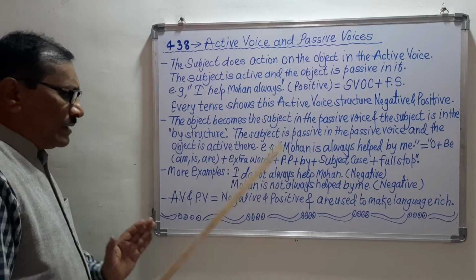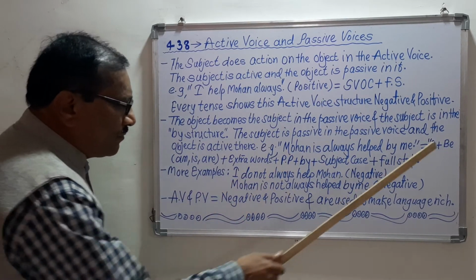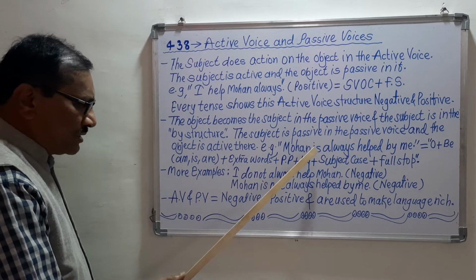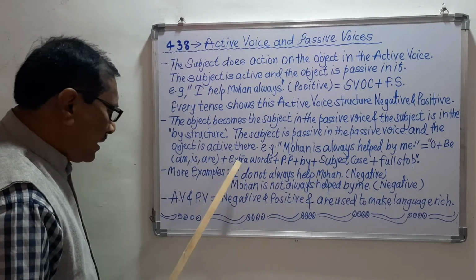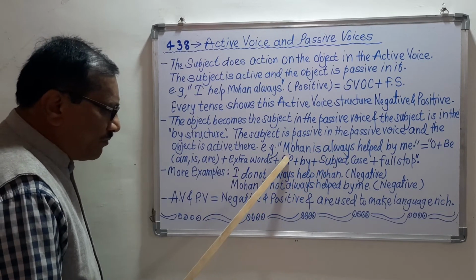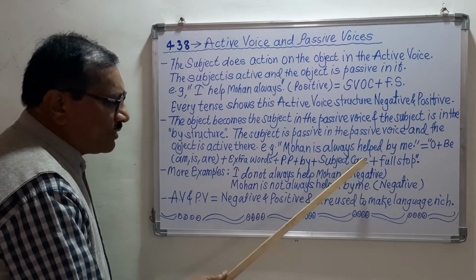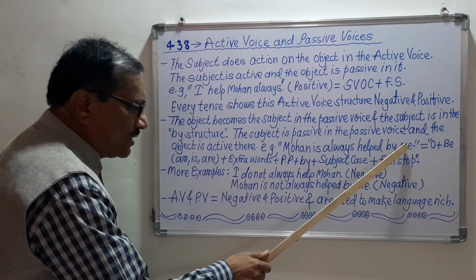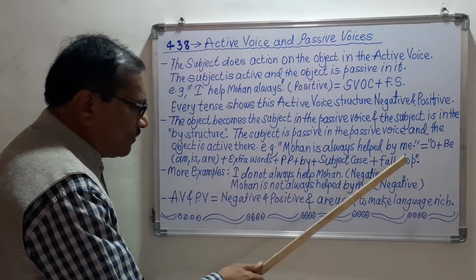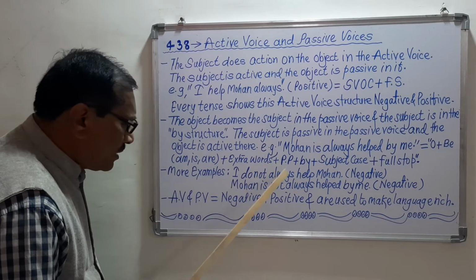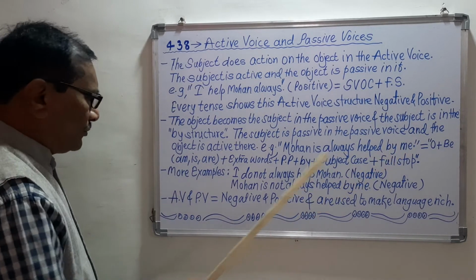Here Mohan is the object, then B, so am, is, are; we have taken "is". Then we have taken the extra word "always", then the PP "helped", then "by", and the subject case: here "I" has become "me". Then we have taken the full stop. So this is the structure of the passive voice.